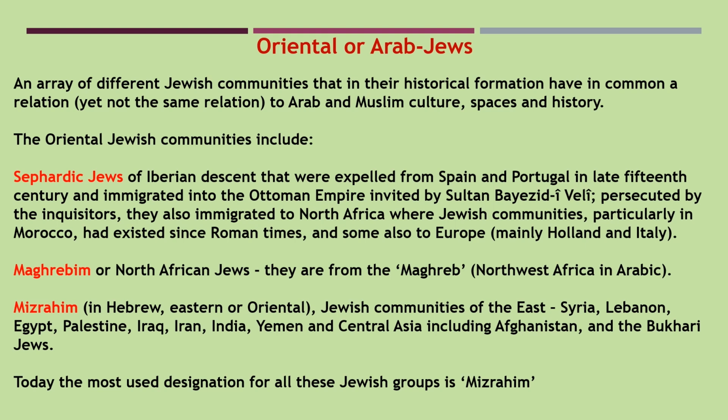These three broad categories form the Oriental or Arab Jews, only that today in contemporary parlance, we refer to these three groups by just one word, and that word is Mizrahim. And that's because, among other reasons, Mizrahim, meaning Oriental or Eastern, captures these three groups in the sense that these are Jewish communities that were influenced over time by living within Arab and Muslim culture and spaces.